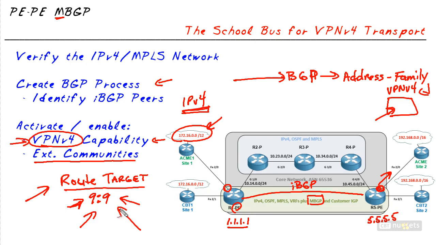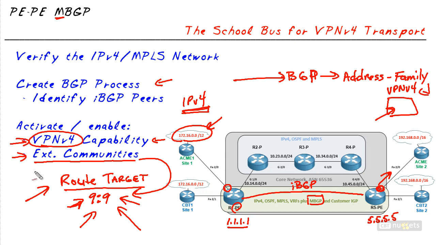But for right now, as part of BGP, we also need to tell inside of the address family for VPNv4 that we need the peers to support and be able to forward back and forth these extended communities, because the route targets are sent as extended communities.